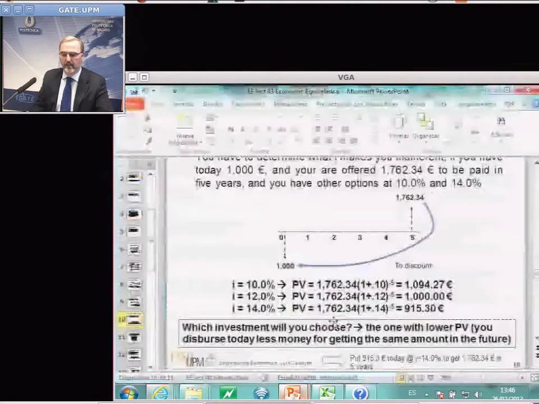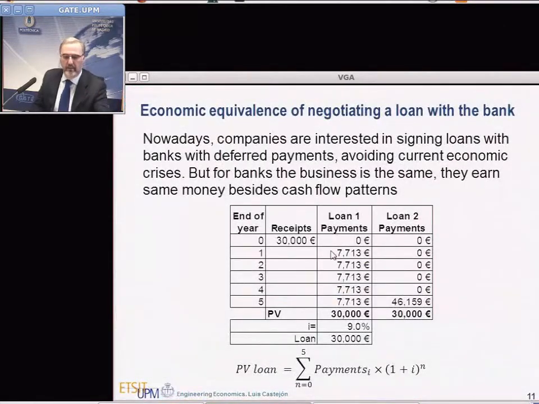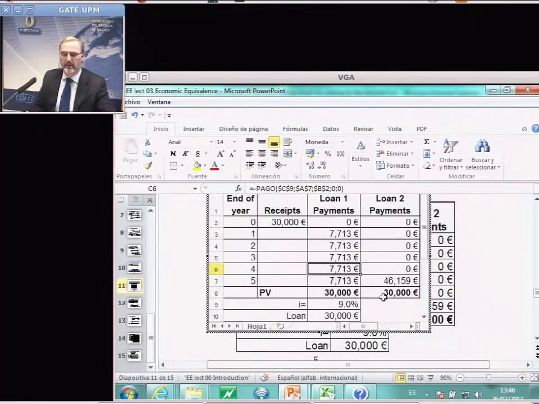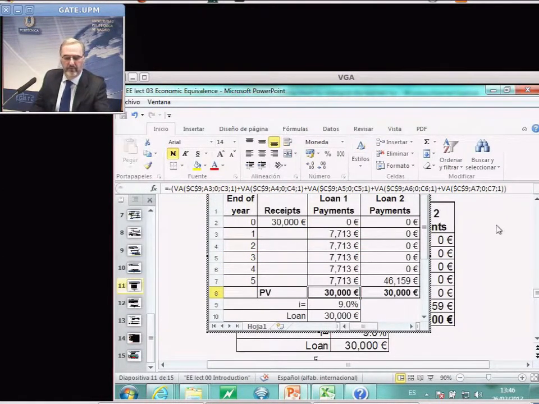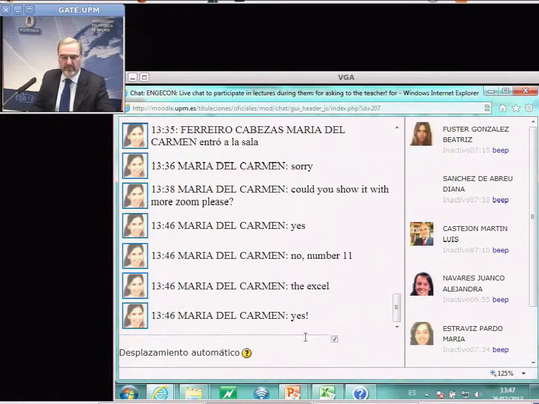Number 11. I think it's quite big. Perhaps this formula? I don't know why in my computer this doesn't happen. Oh, I see here, yes. I've moved this window so you see all the formula. Okay, is that okay?